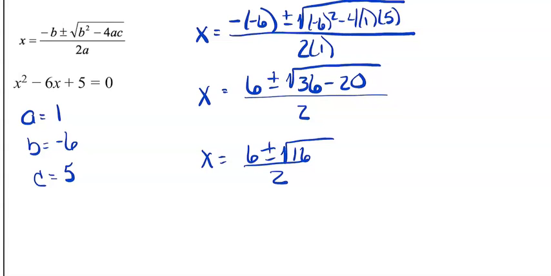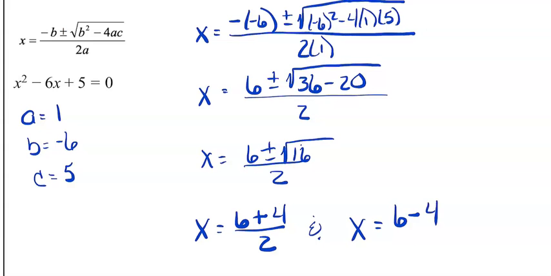And the square root of 16 is 4. So when I write this, I'm going to rewrite it, breaking it into sections. So watch. I'm going to say x equals 6 plus the square root of 16 is 4 over 2, and x equals 6 minus 4 over 2.